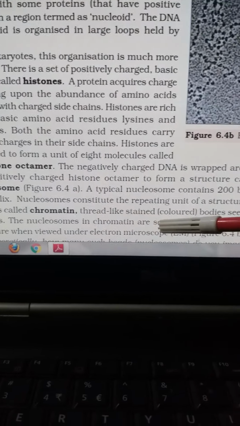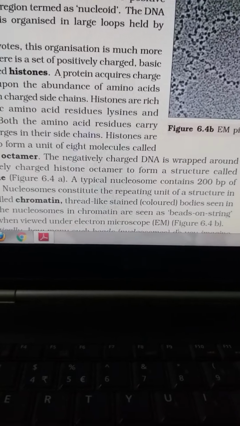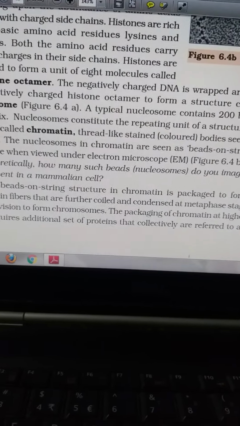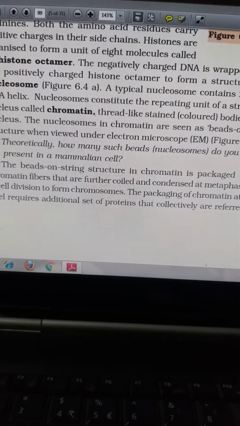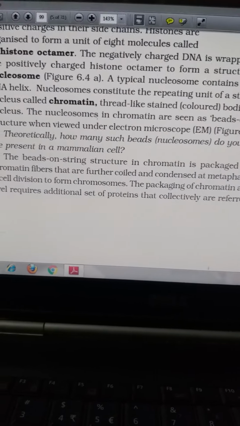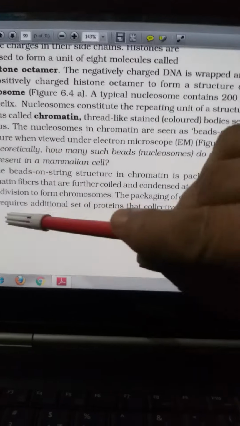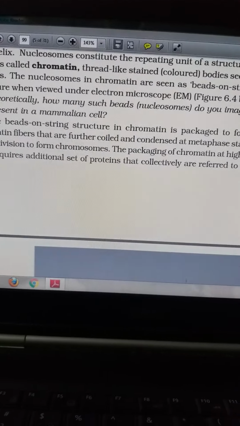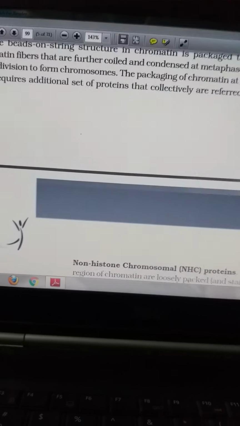Now these thread-like stain-colored bodies are known as the bead on a string model. Theoretically, how many such nucleosome beads can you imagine? So it is a packing of chromatin. Packing of chromatin at a higher level requires an additional set of proteins, and it is collectively referred to as euchromatin and heterochromatin.